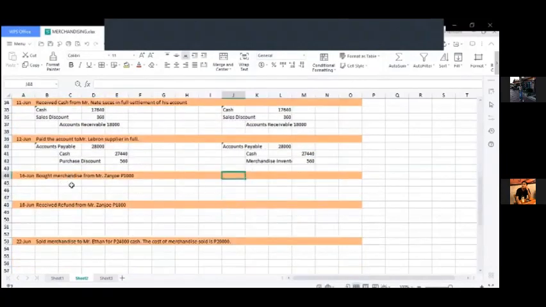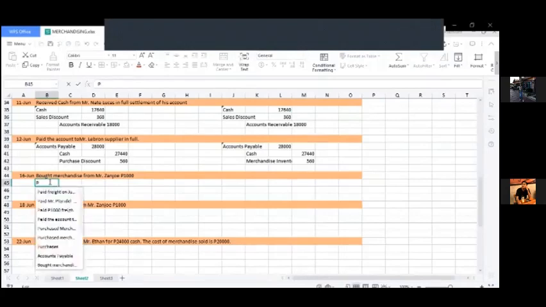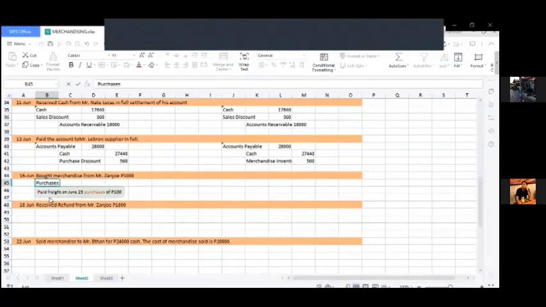Next is bumili tayo ng merchandise from Sanjo, 1000. June 16, magiging entry natin is purchases. And cash. So, cash yan kasi walang nabanggit na terms.